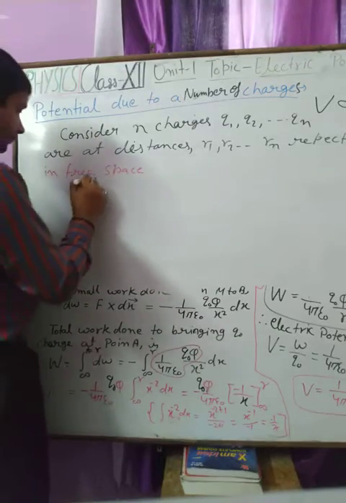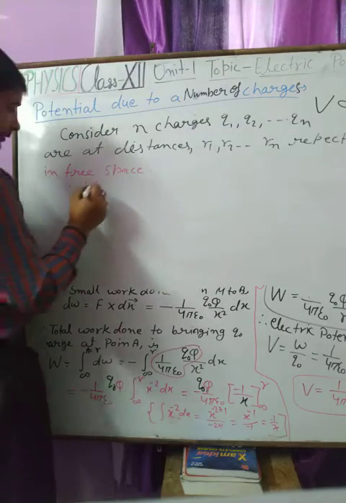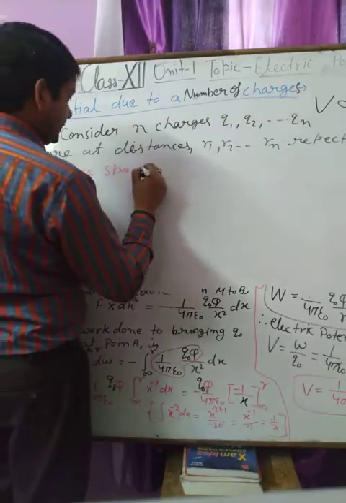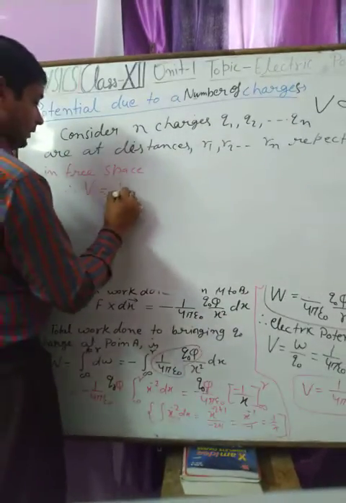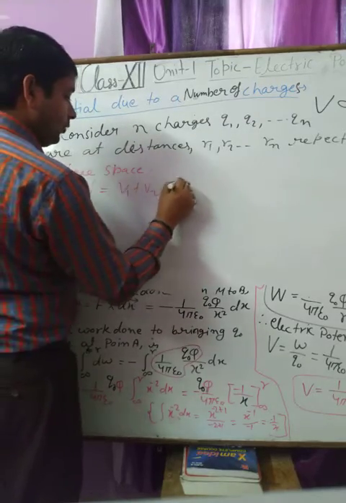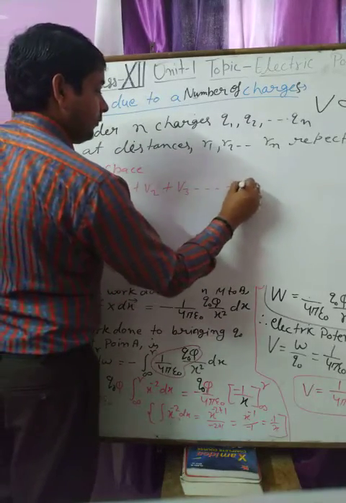Therefore, potential at a point is V1, V2, V3, Vn.